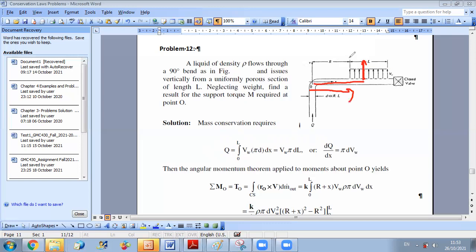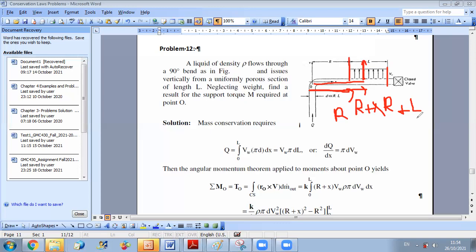At this point, the distance from O is equal to r, and at the final point, it's equal to r plus L. So for any value in between these two, I can consider a variable x, so that the distance from O to this point is equal to r plus x, and then x is varying to cover the whole surface. x should vary from 0 to L.